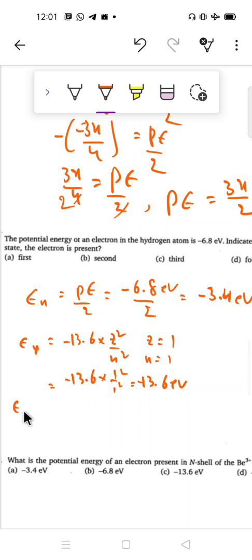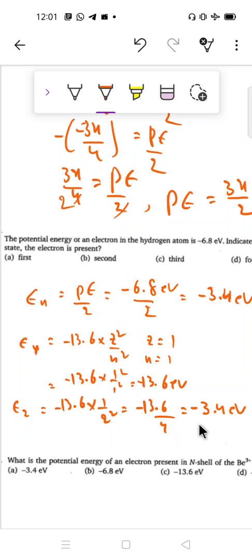For n is equal to 2, 13.6 into 1 by 2 squared, that is 13.6 by 4, you can get minus 3.4 electron volts.